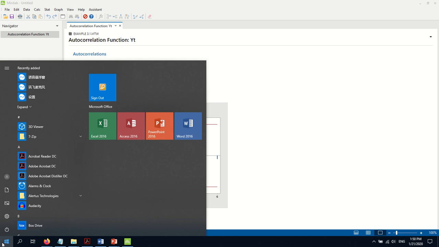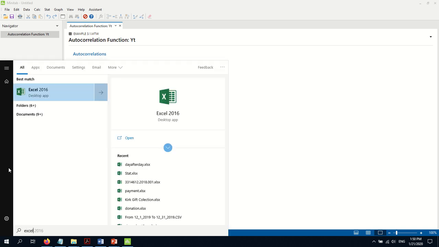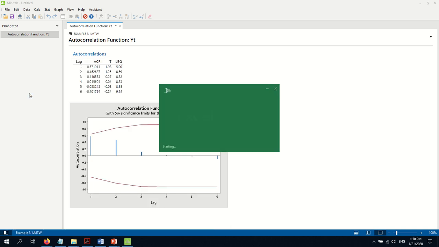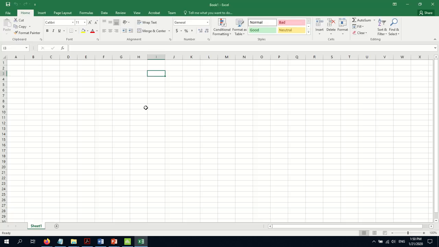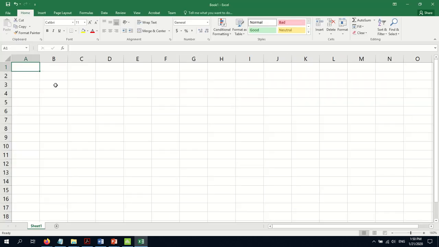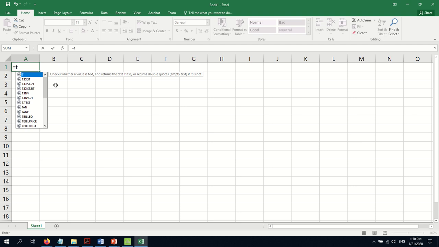We can use Excel to find the t-test critical value. Here we can use the Excel formula T.INV. The first value is probability, cumulative probability. The t-test is a two-tail test where we have critical regions on both ends.